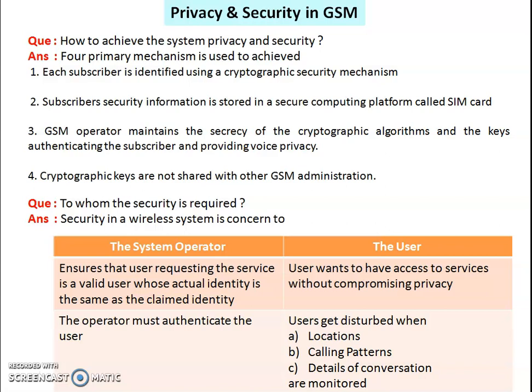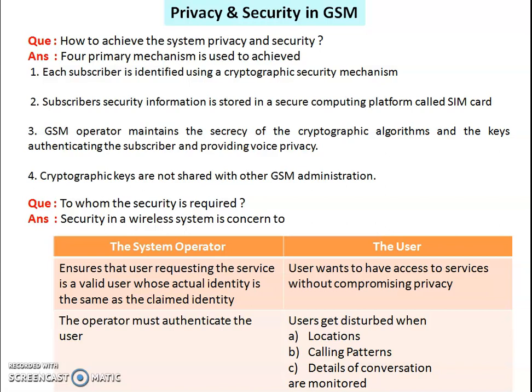Third, the GSM operator maintains the secrecy of the cryptographic algorithm and the key, authenticating the subscribers and providing voice privacy. The fourth is that cryptographic keys are not shared with other GSM administrations. This is how the privacy of the user's information is maintained.